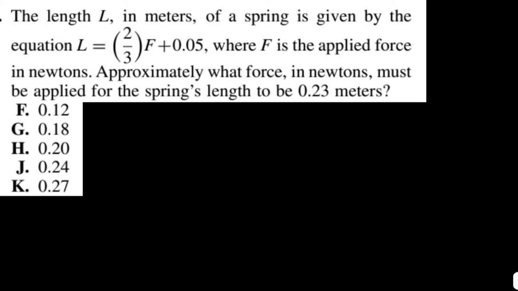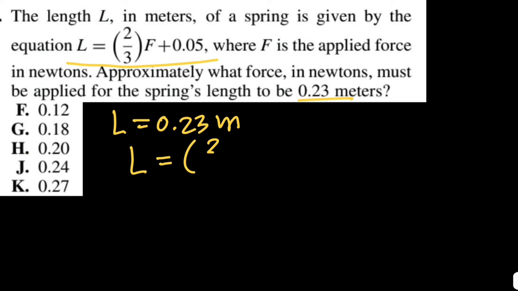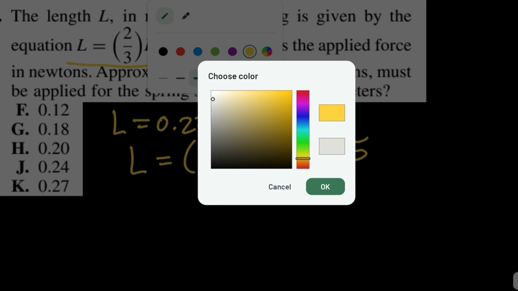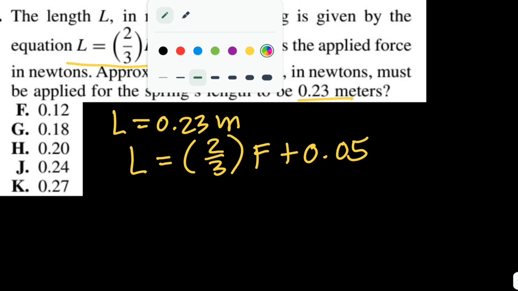Now, to find the force F in newtons corresponding to the spring length, which is given as 0.23 meters, we substitute that to the given equation or formula. So this is L equals 2/3 F plus 0.05. Then we plug in 0.23 to L.